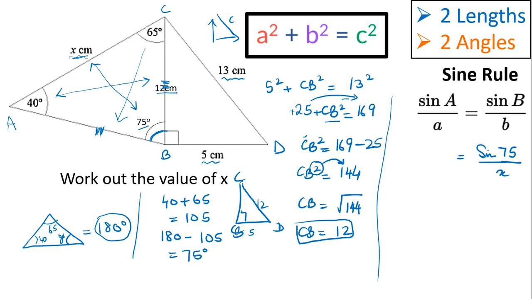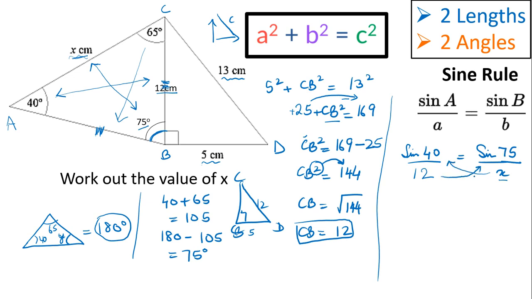I already had written before sine 75 over x, and now on this side I can take sine 40 over the length right opposite to that, which is 12 centimeters. So now I have sine 40 over 12 equals sine 75 over x. Now, if you have an unknown denominator, it's always good practice to take it to the other side and make it a single equation.